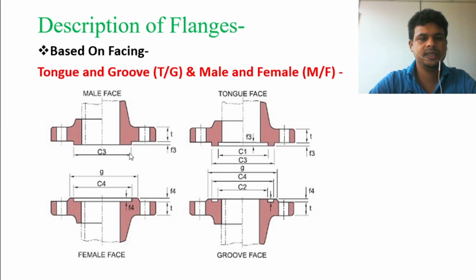C3 should go inside C4. If C3 is bigger than C4, then we cannot go inside C4. Another thing, if it is very small, there will be more gap. All these dimensions you need to refer to ASME B16.5. This is the main flange thickness. This is the raised face or male extended thickness.